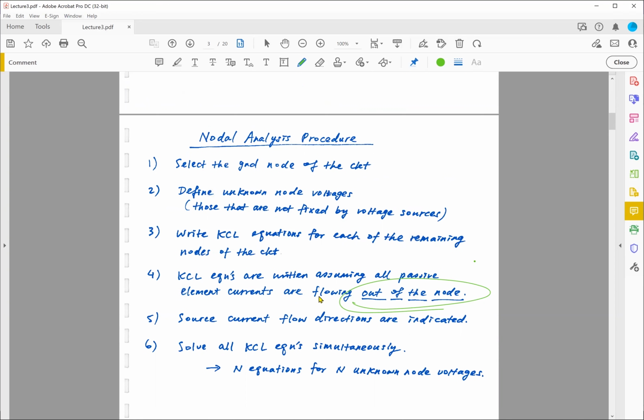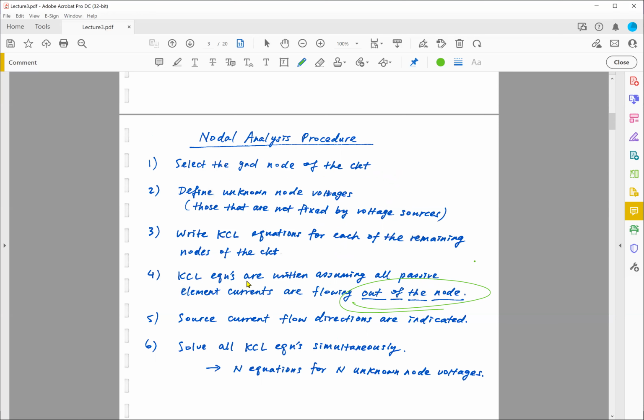Now, this is just the way I prefer to do my nodal analysis. I assume all the currents flowing out of the node. My passive sign convention sets the direction of this current flow. You can also assume the opposite.